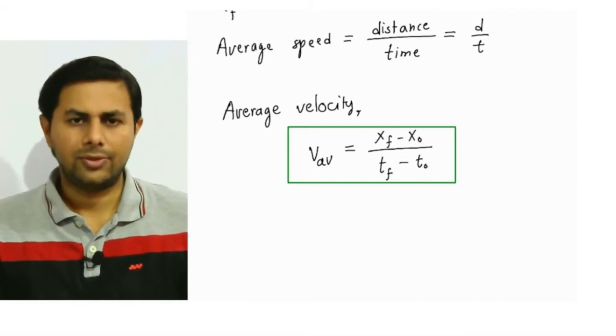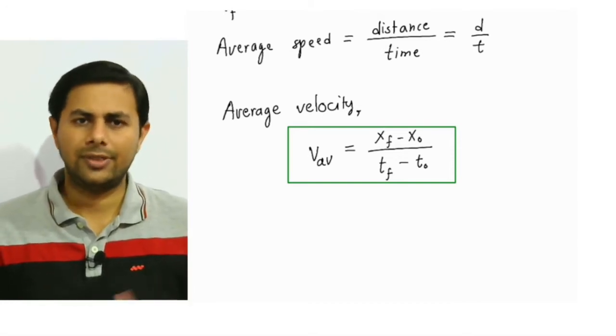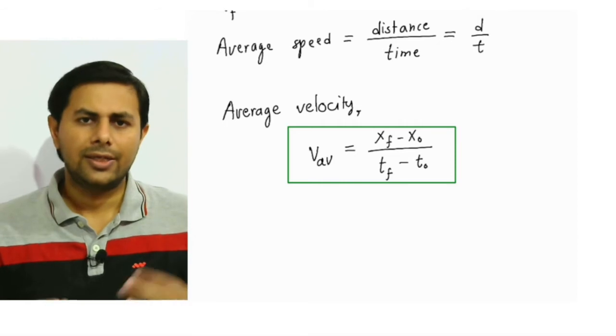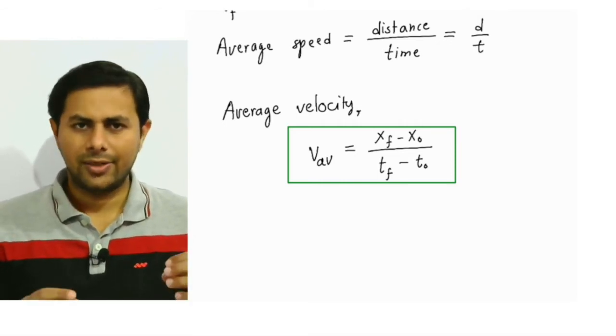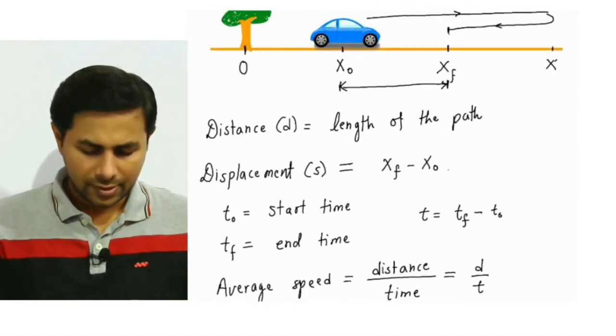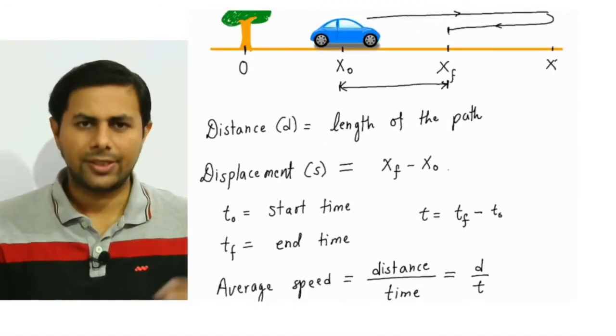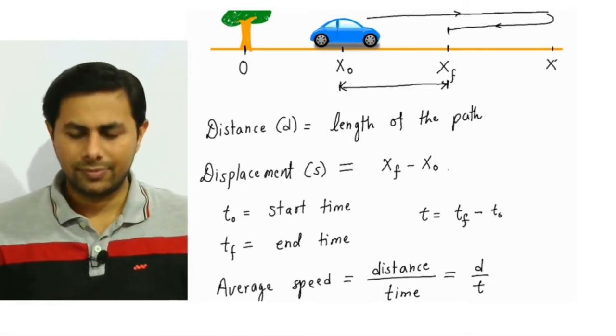Now sometimes the car will accelerate and sometimes it will decelerate, meaning sometimes the velocity of the car will increase. So when it starts from the position x naught, there will be an increment in the velocity of the car. And sometimes the velocity will decrease too.